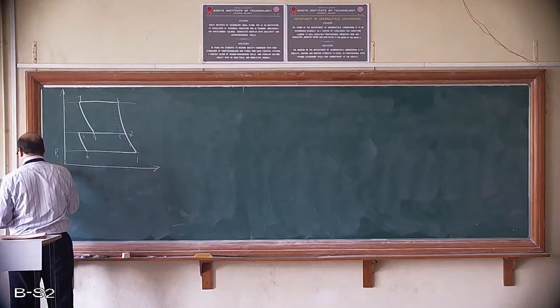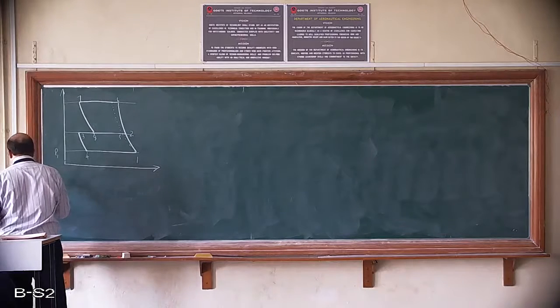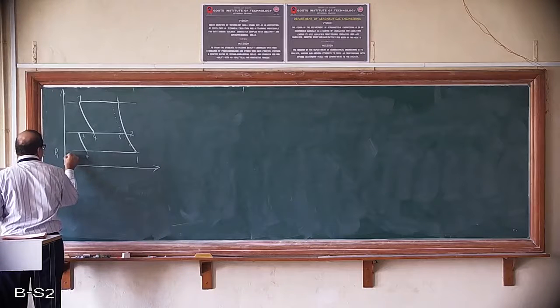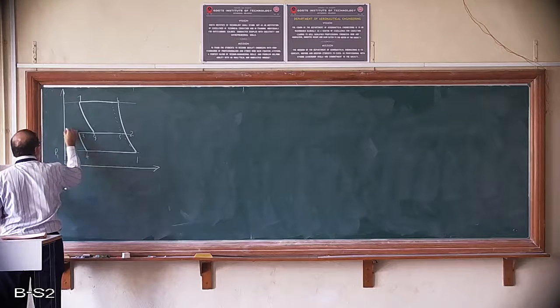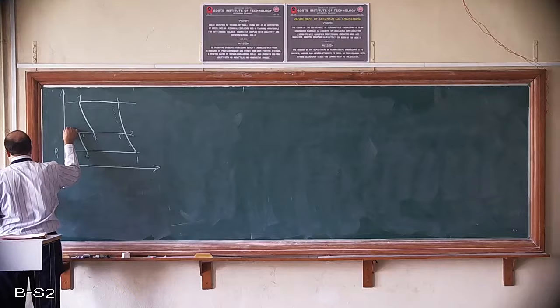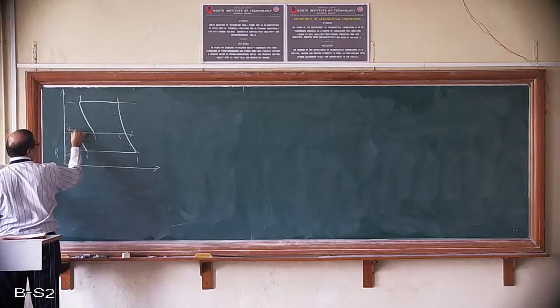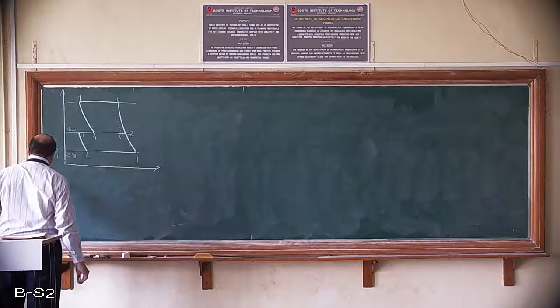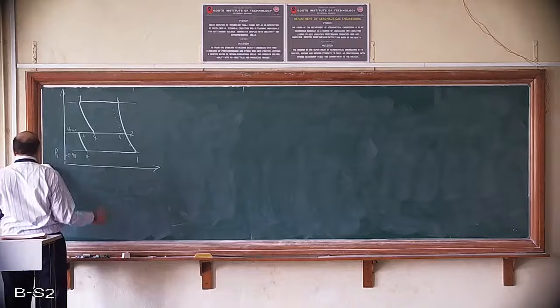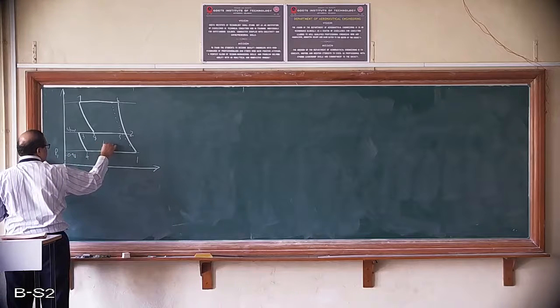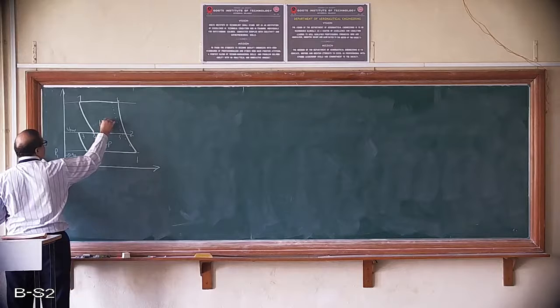How much is given? P1 is 0.98. P2 is given as 5 bar. That is P2, and P3 is the same, and P4. This is the LP cylinder, and this is the HP cylinder.